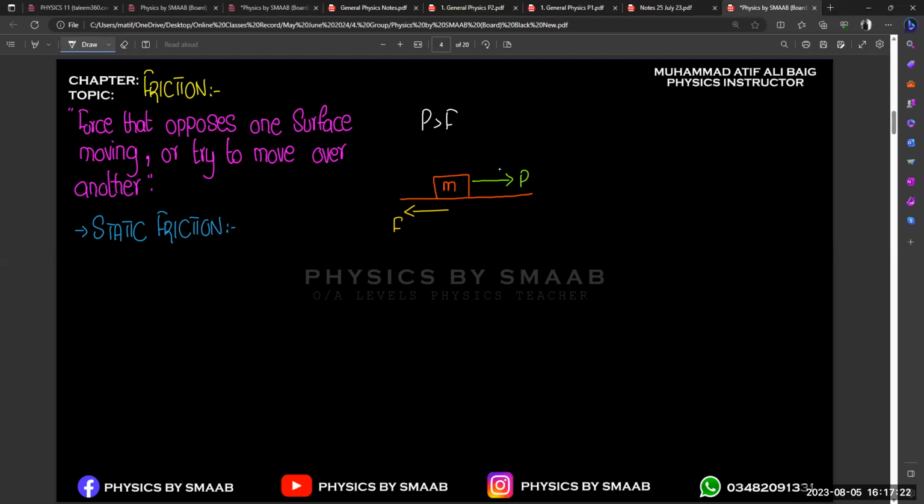When the body is at rest, both forces are equal, right?